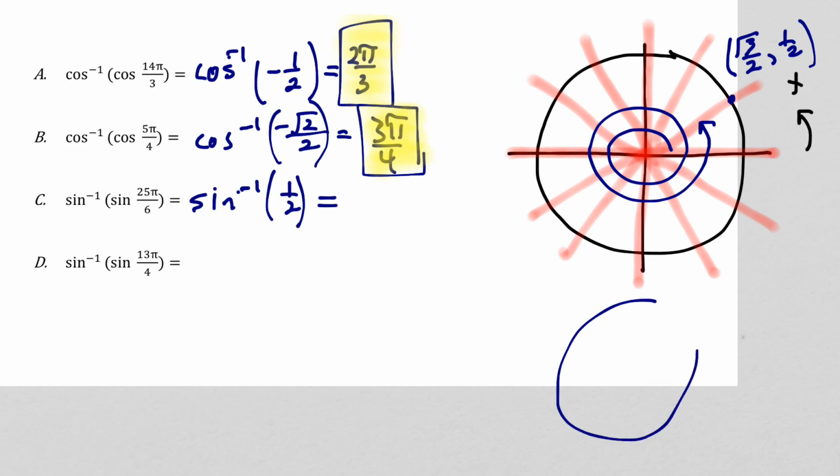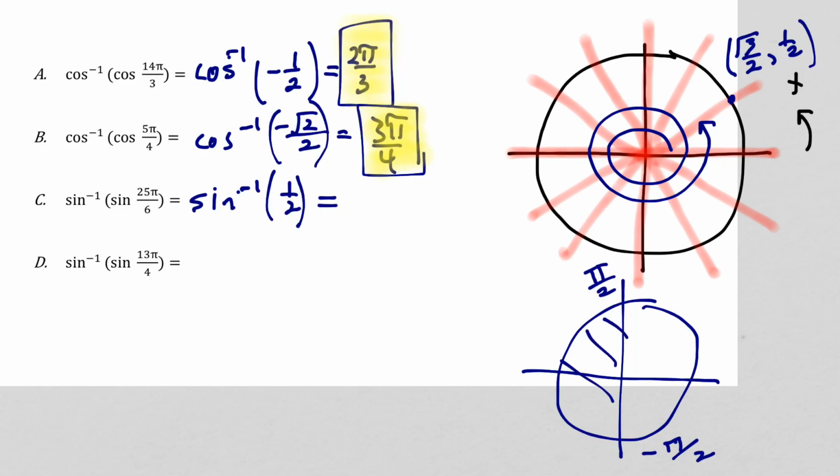If I look at where I can be as an inverse sine, I can be between negative pi over 2 and pi over 2, but I can't be over here. So this angle we said was pi over 6 is okay to use here. The angle pi over 6 is between negative pi over 2 and pi over 2, and its sine value is 1/2.